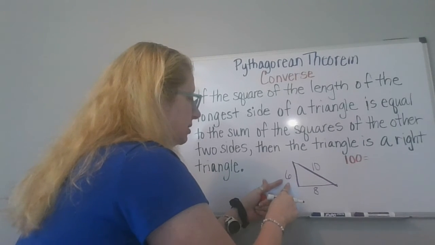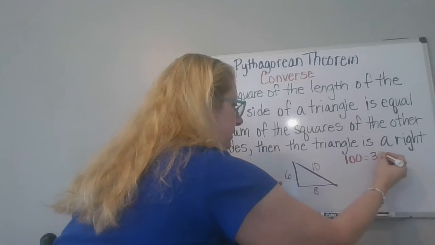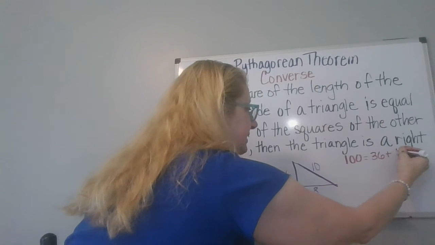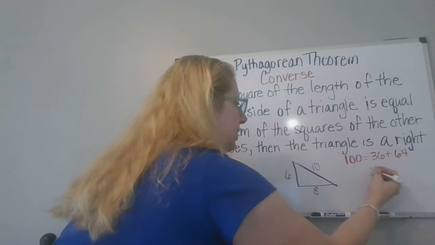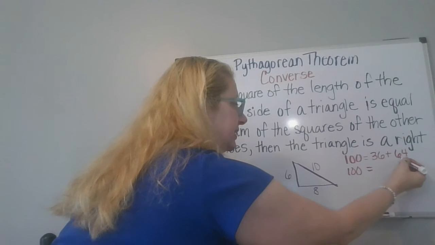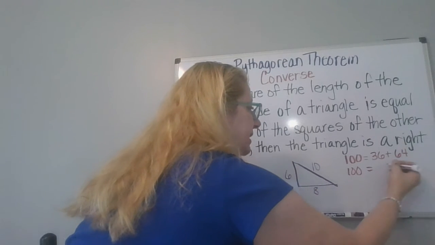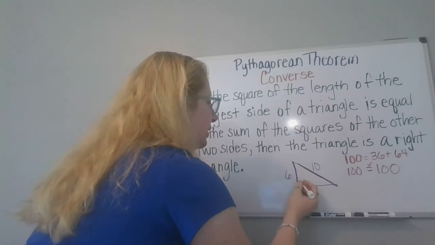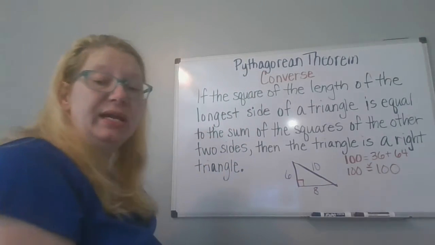So what's 6 squared? That's 36. We're talking about a sum, and 8 squared is 64. 100 is equal to 36 plus 64, which is 100. And 100 is equal to 100, which proves that this is a right triangle.